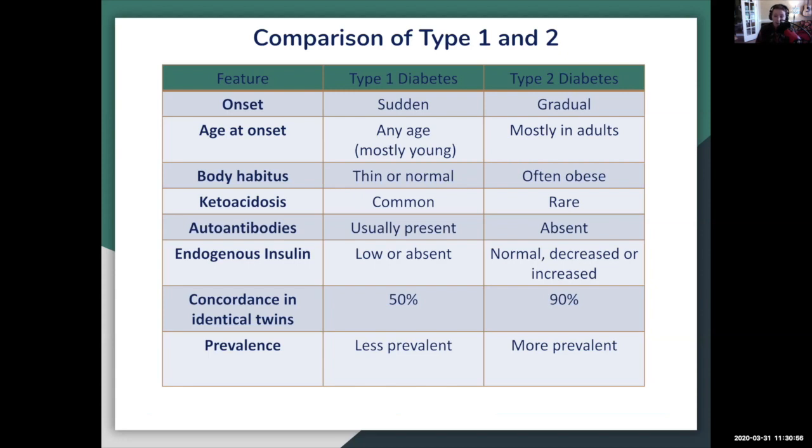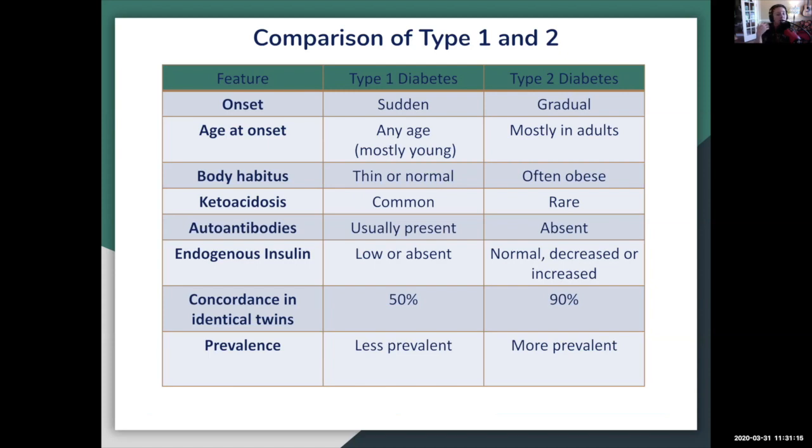Okay, these patients do not have antibodies to their insulin-producing cells in the pancreas. They do have the ability to make insulin. Sometimes they make a ton of insulin because their body's really working to overcome that insulin resistance. Sometimes they have normal insulin production and it's just not appropriate for the amount of blood sugar control that they need.